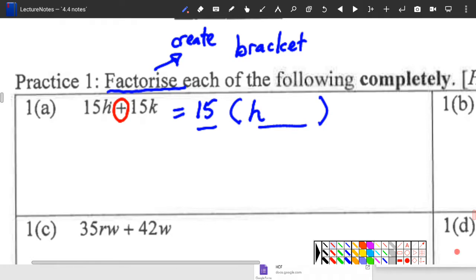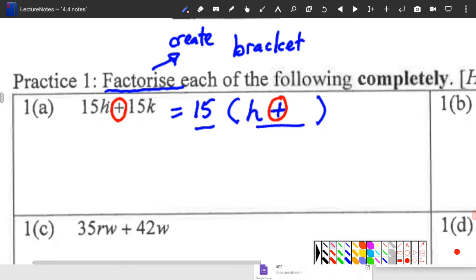It means, what do I write? Plus. So it must be the same. Now next one. I have 15K. After I take out 15, what is left inside? K. So this is K.